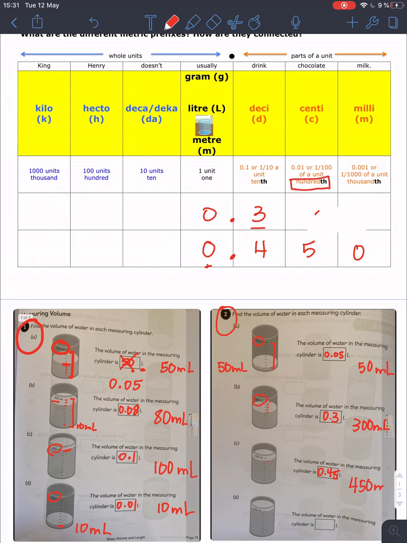And finally, 500 milliliters, if I wanted to write that down. 500 milliliters, we could say, is the same as 50 centiliters, or 5 deciliters, or 0.5 or 5/10 of a liter.